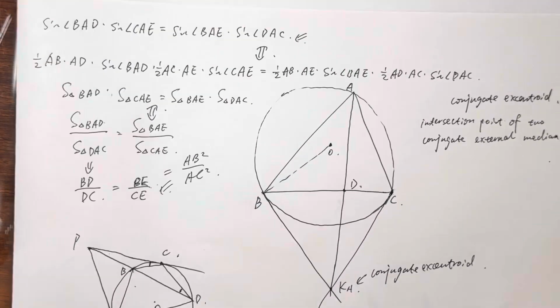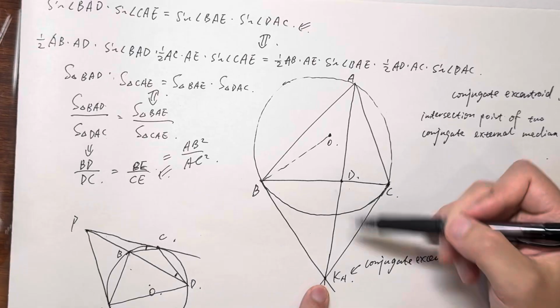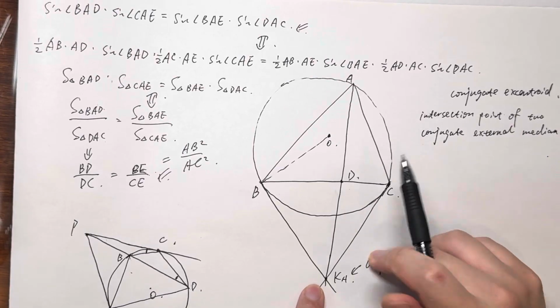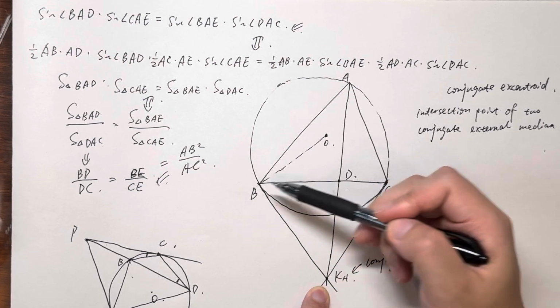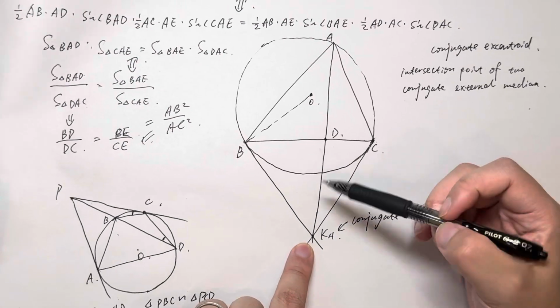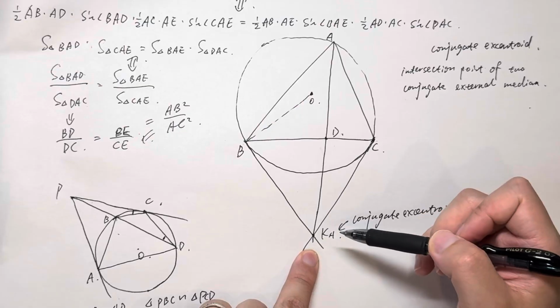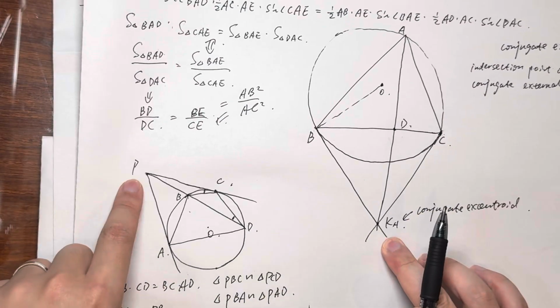Okay, now if we look back at this one, basically we have the KABC here. That is saying that KA is a point P here, right?